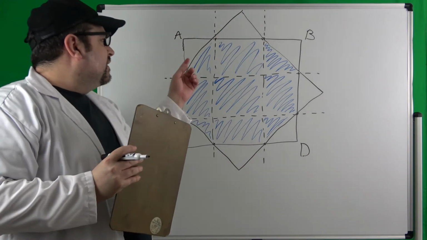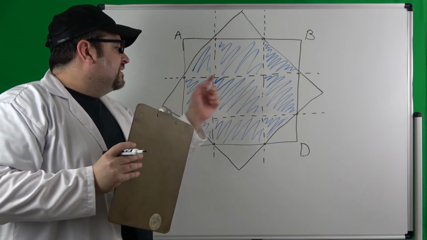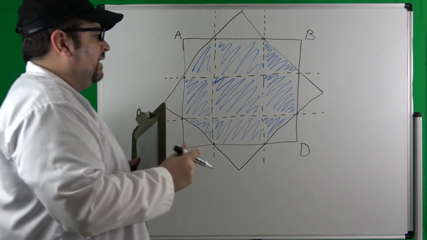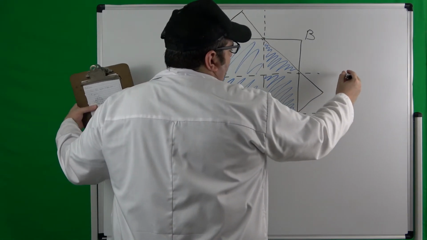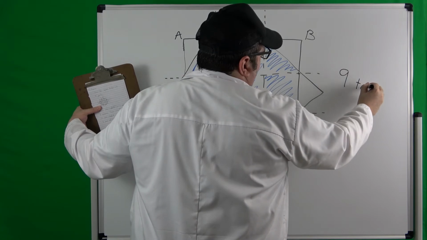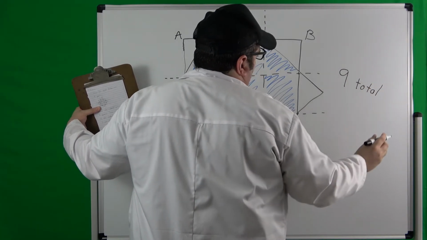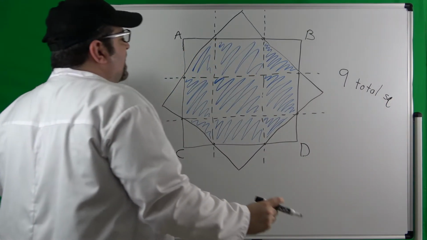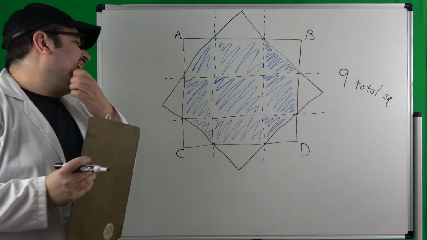And as you see, that makes 9 separate squares, okay? Let's use that. 9 total squares, all right? So there's 9 total squares.